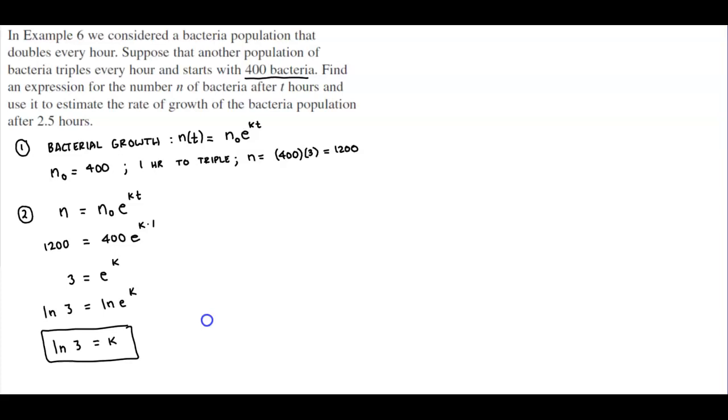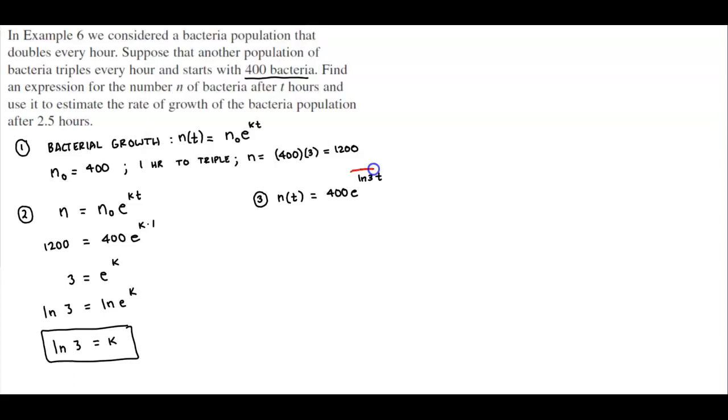So now, in step 3, we know that our function n of t is going to equal the initial, which is 400, times the base of e, and we know that the value of k is the natural log of 3, so e to the natural log of 3 times t.